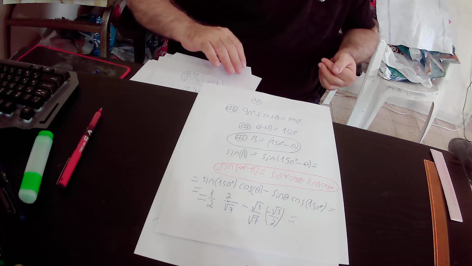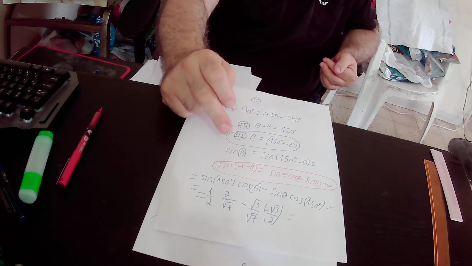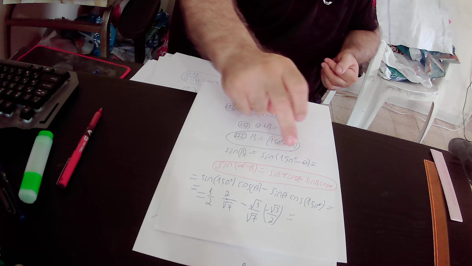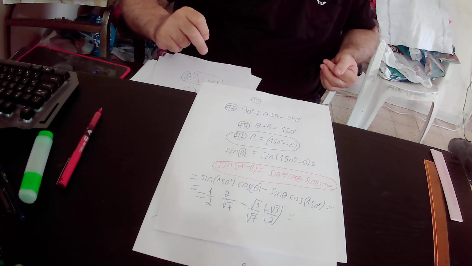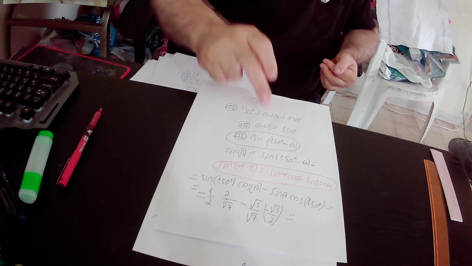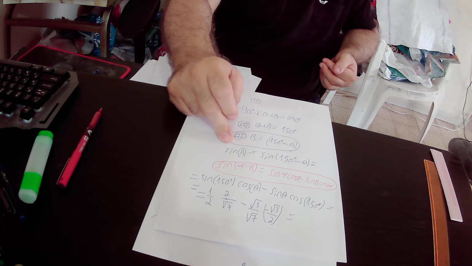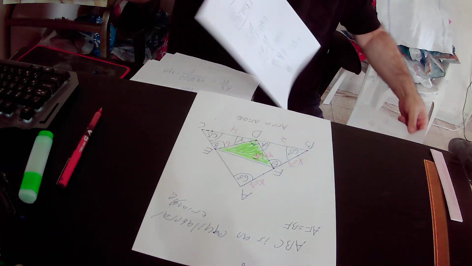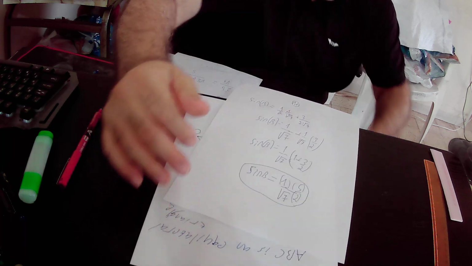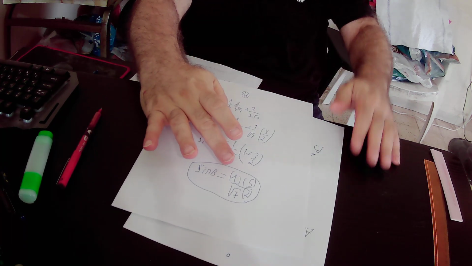Okay, so we use this trigonometric identity in order to find out the value of sinus 150 degrees minus theta, and this equals sinus beta. And we found out that the value of sinus beta equals 5 over root of 7 times 2.